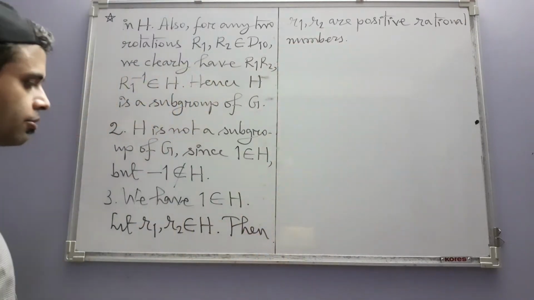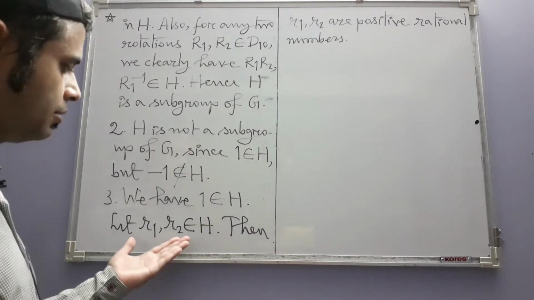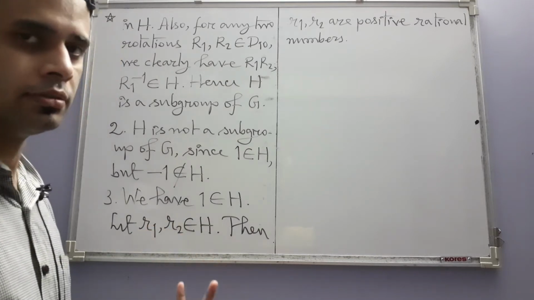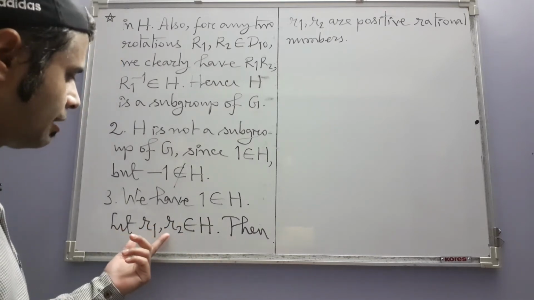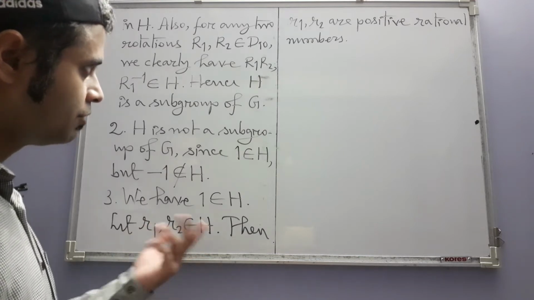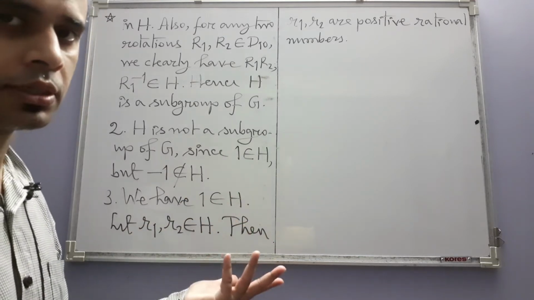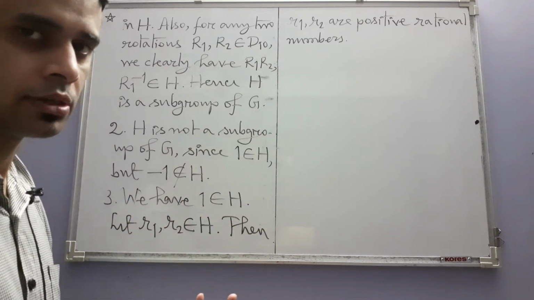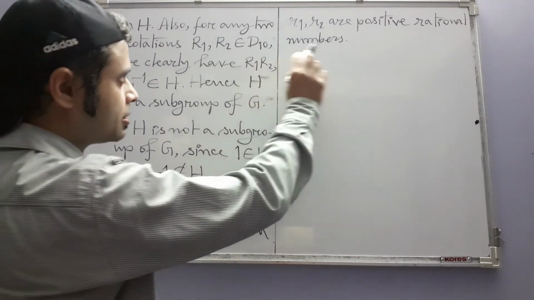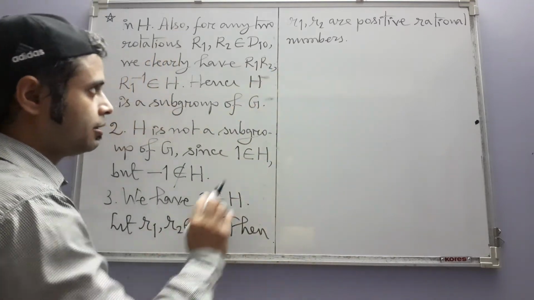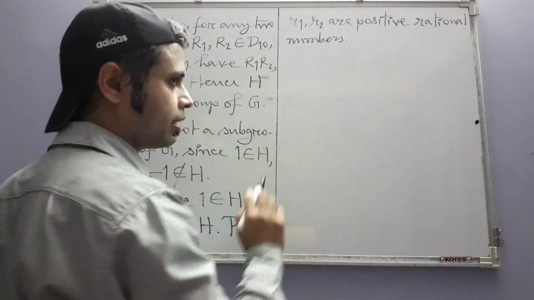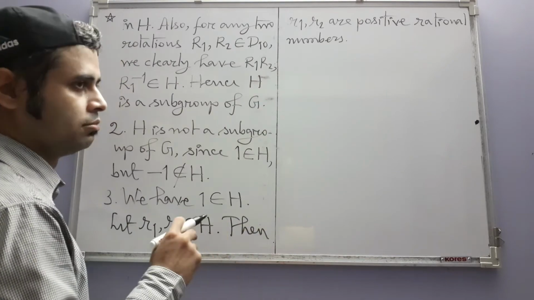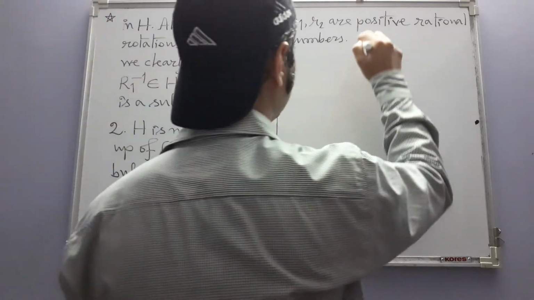There is really no need to write this again, because we are repeating things. R1 and R2 being in H is equivalent to the statement that they are positive rational numbers, but I want to emphasize the fact that they are positive rational numbers. I want to see these things in front of my eyes, so that what I write next becomes something that we already know.